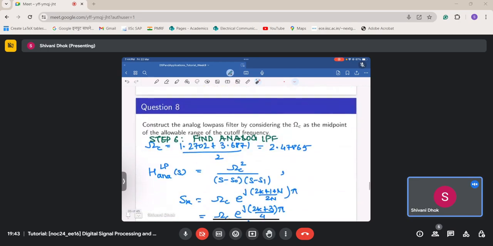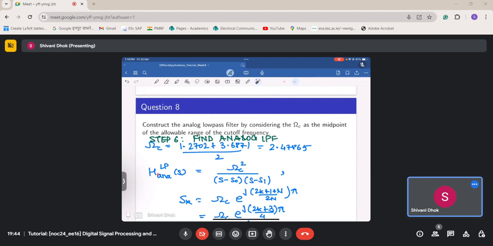Now in the next step, we were asked to construct the analog low pass filter for some cutoff frequency, and the cutoff frequency was asked us to take the average of the high and lower end edge of the allowable frequency range. So that came out to be something like this. And since the order was 2, that is n equal to 2, so we have two zeros for this particular filter.